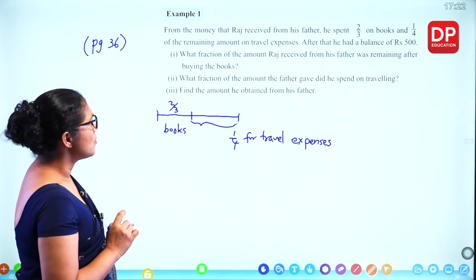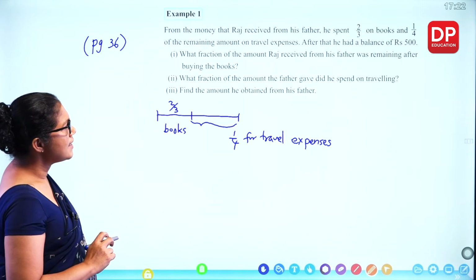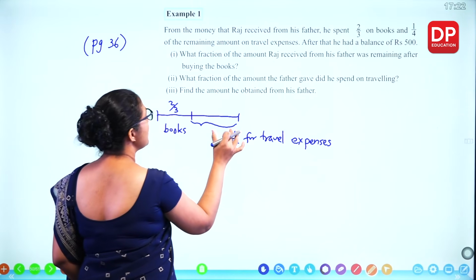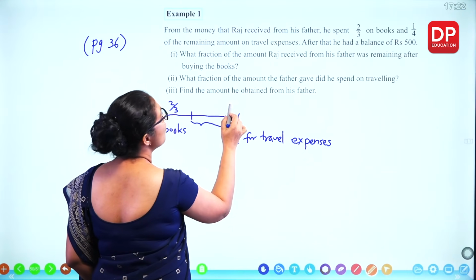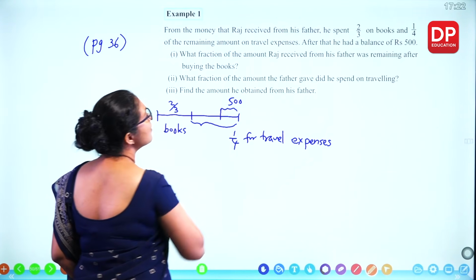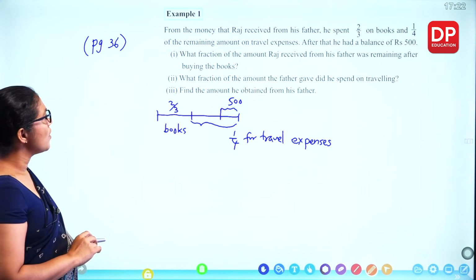Now, so then it says after that he had a balance of 500. So after he spent that money, 500 balance was there.